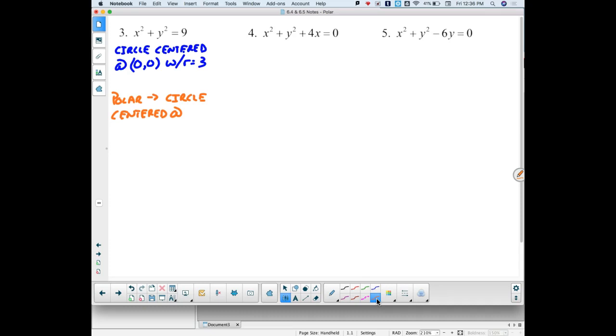Where would the center be? Same spot? So what do we call that in polar form? Because it's not the origin. Origin is rectangularly. What do we call that in polar form? Pole. It's centered at the pole.